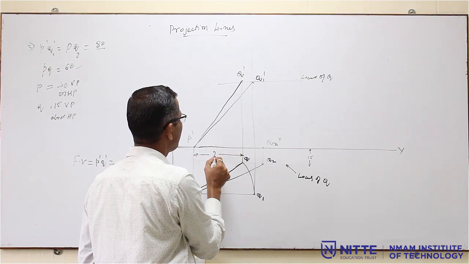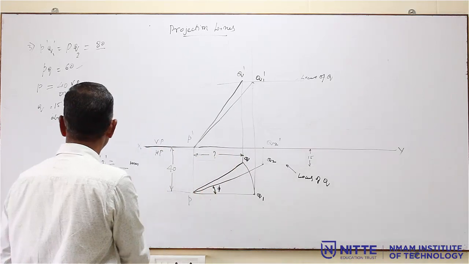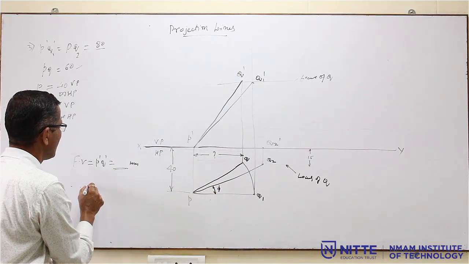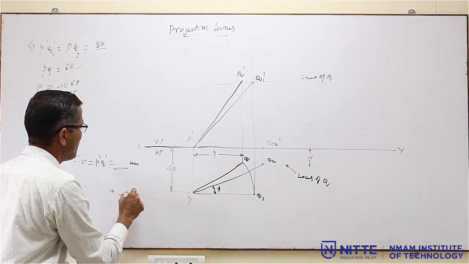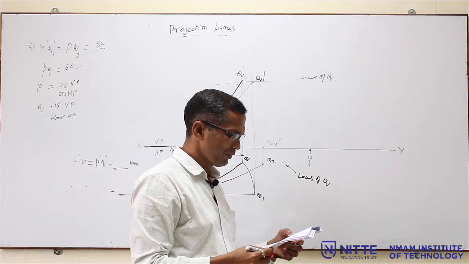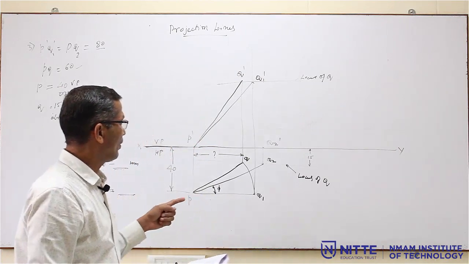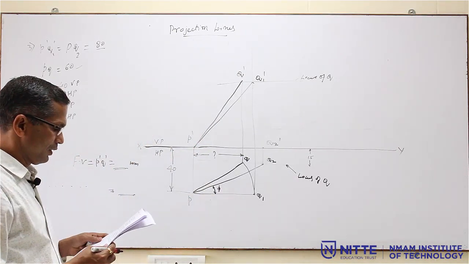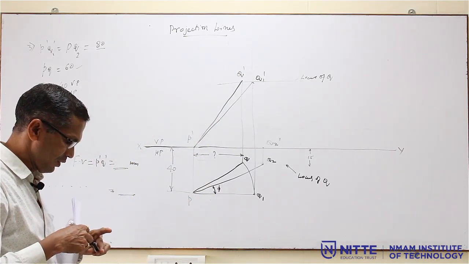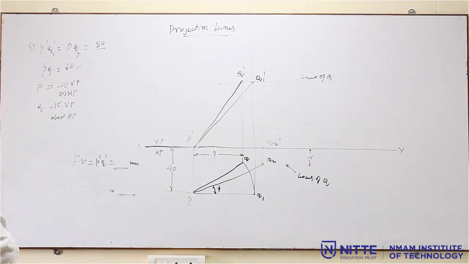You have to measure it and give the answer: the distance between the projectors is so many millimeters. So, this is the solution for the third problem in the question bank.